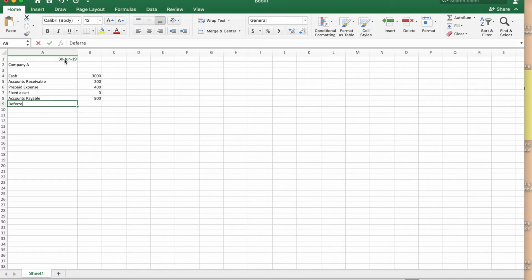So deferred revenue is actually not a revenue account. It's a liability account, which means you received the payment from other people for the revenue that needs to be recognized in the next fiscal year or calendar year.